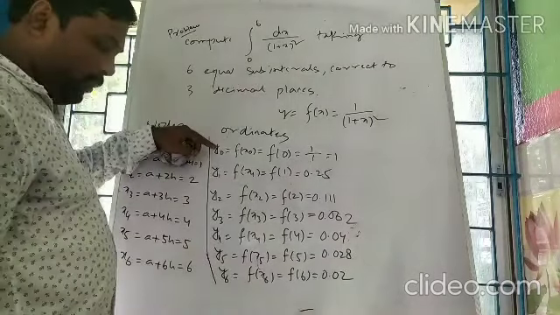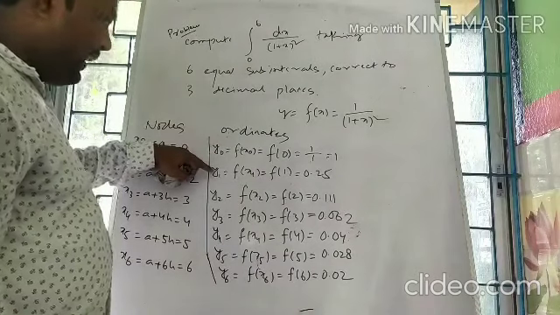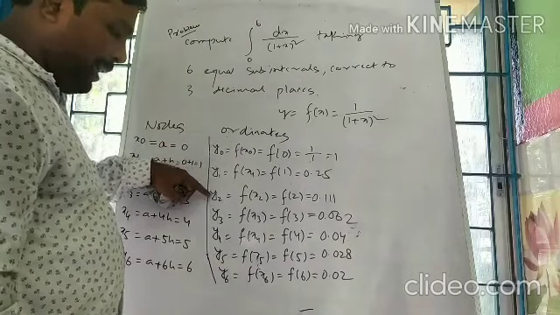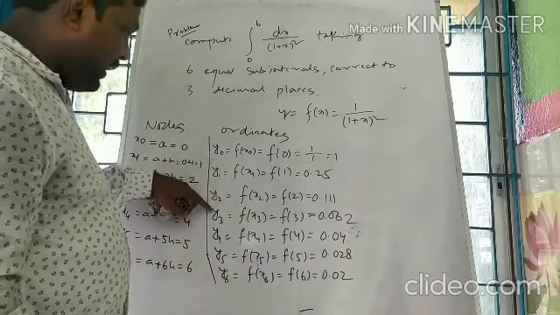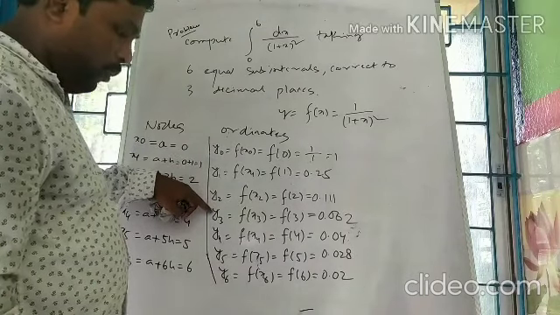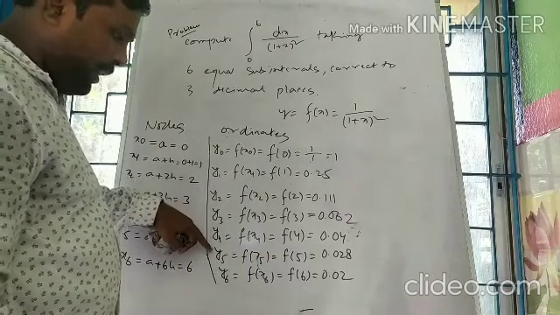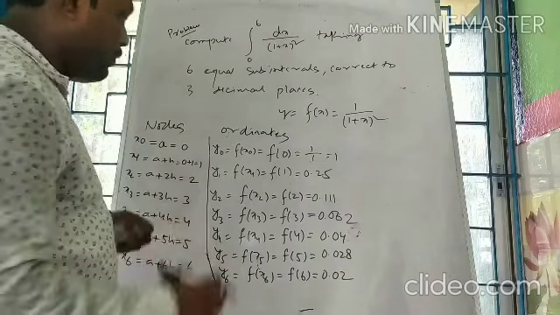So y0 is 1, y1 is 0.25, y2 is 0.111, y3 is 0.062, y4 is 0.04, y5 is 0.028, and y6 is 0.02.